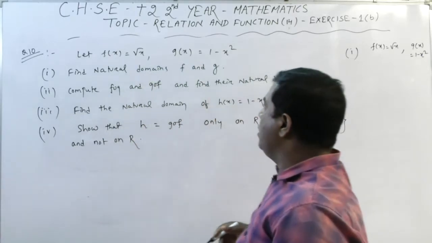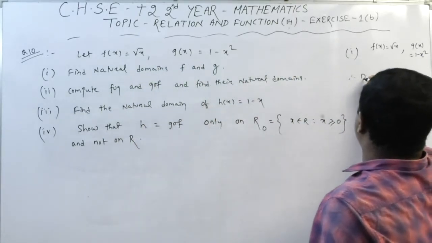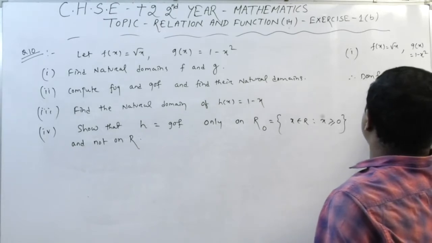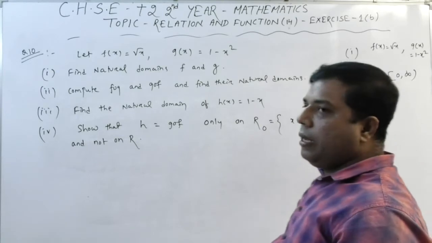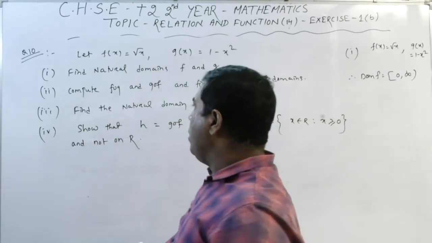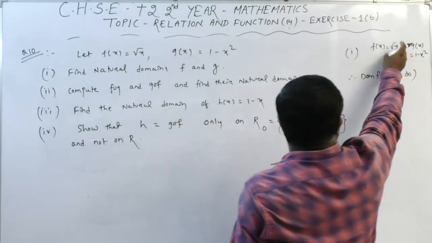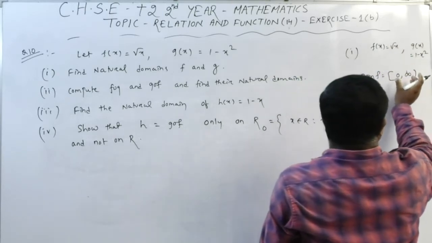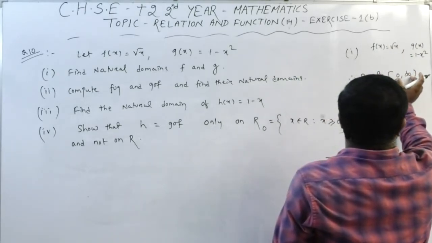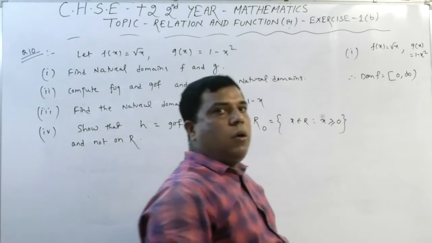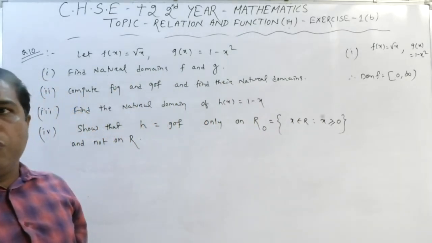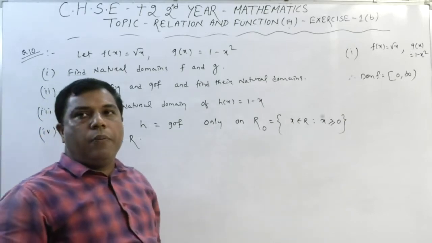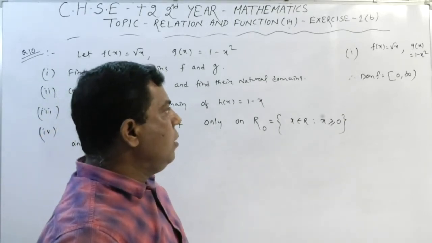Yes, you are correct. Therefore, the domain of f is the values 0 to infinity. Clear? Root x can be found if x lies in the interval 0 to infinity. For negative values, we can't find the root, and that's why f of x does not exist.